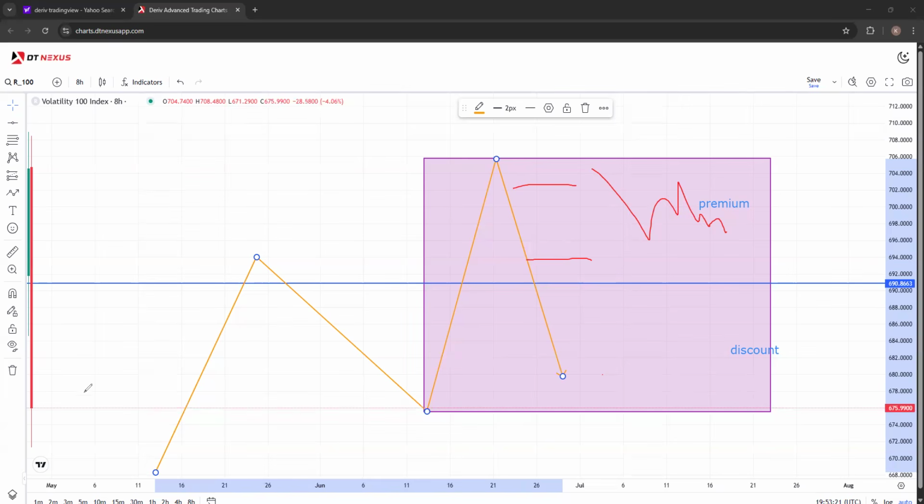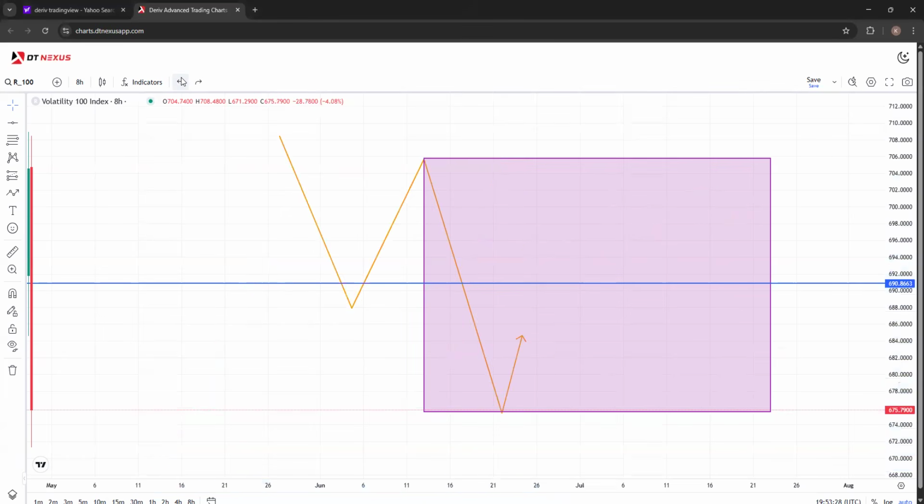So the same applies when we're in a downtrend like this. We have our premium here and we have our discount here. But this time we are not buyers, we are sellers, meaning we cannot sell something that we bought for $1 for 50 cents.